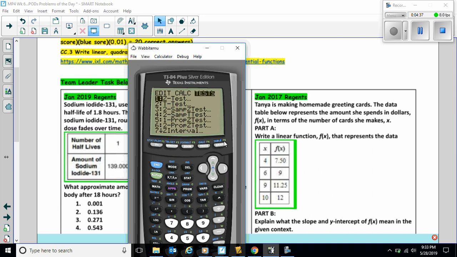One of the things that we can ask ourselves is, what did we learn in the question? So we know that Tanya's making homemade greeting cards. We also know that it's asking for a linear function. That's a big deal because our last problem was exponential. So let's take a look at what our options are.